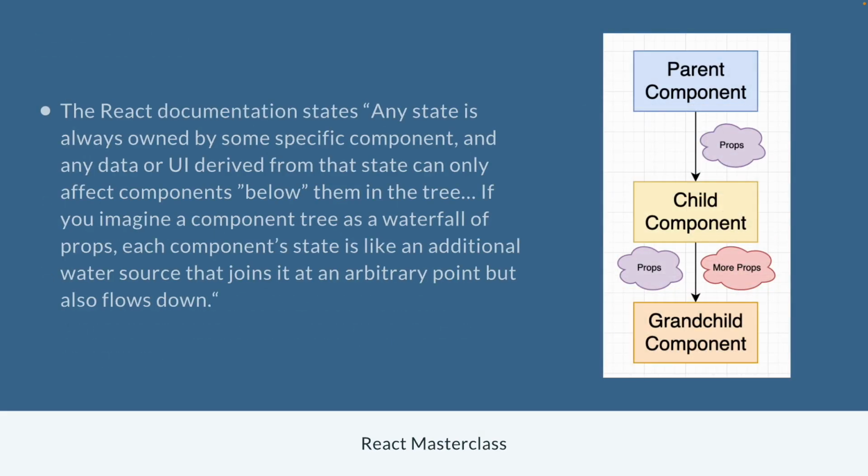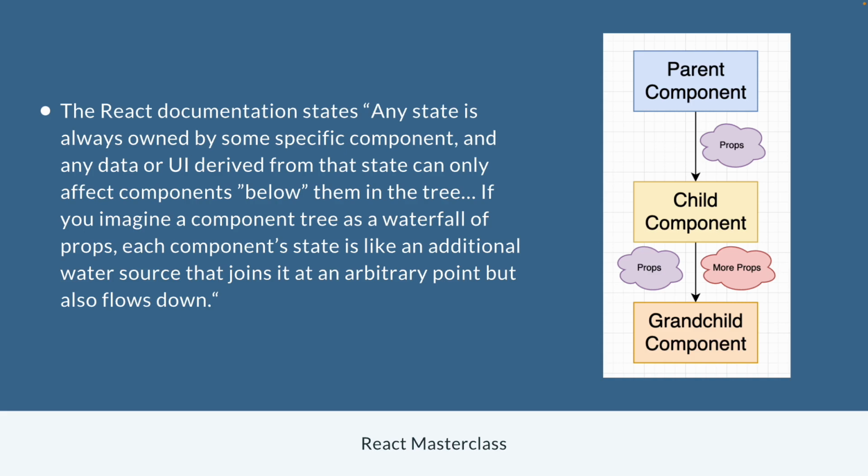So it's also important to note, of course, that this relationship of props can exist multiple levels and multiple components down. So on the right-hand side in that graphic, you can see the idea that our blue parent component is passing down props, or once again, data, to a child component, and the child component can take that collection of props and pass it down to its own child, which is the grandchild component of the original parent.